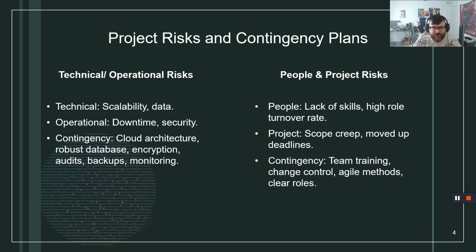We're going to have contingencies in place. Specifically, we're going to have cloud architecture. We're going to provide a robust database that will store multiple versions just in case the system crashes or data gets compromised. Then we'll have a backup of that.